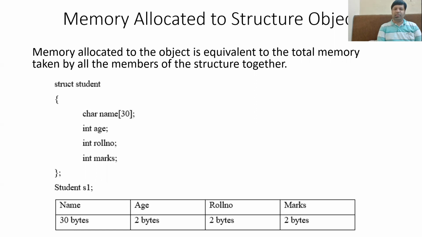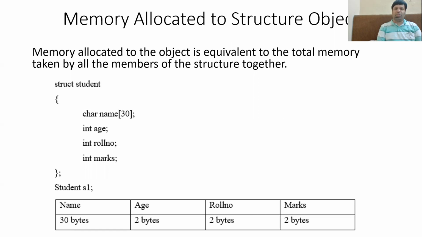Character c, 1 byte. And if you create an array, for example, integer a within the square brackets 10, that means you are creating an integer array of 10 elements. Because it is an integer array and one element takes 2 bytes, the array will take 20 bytes.